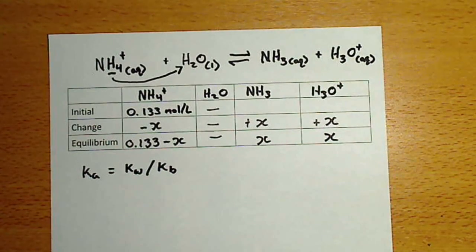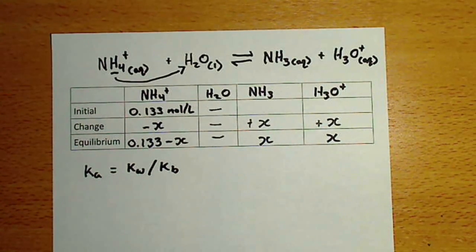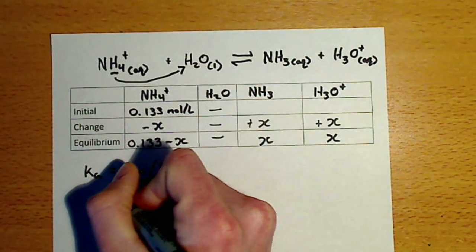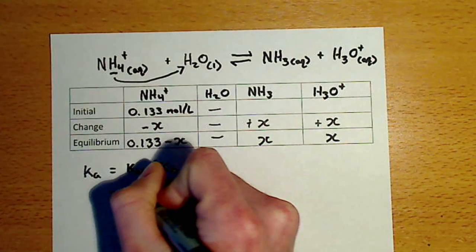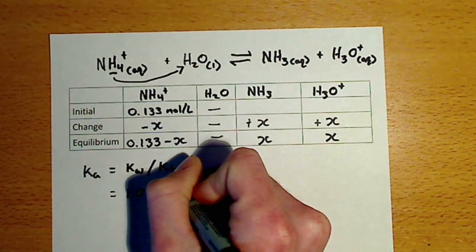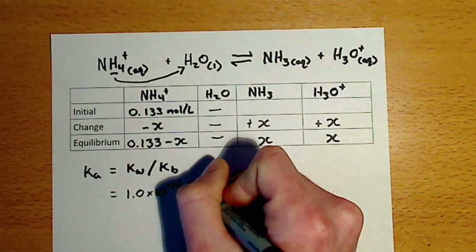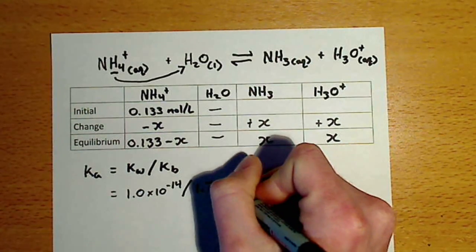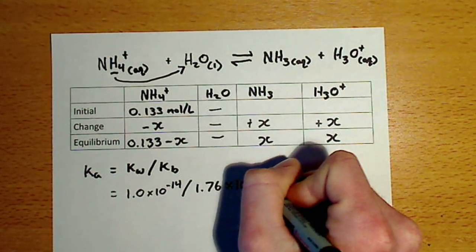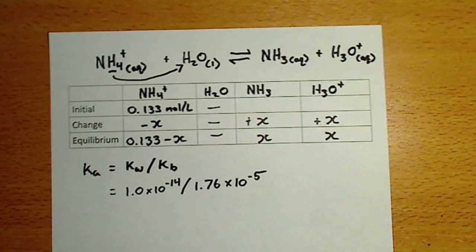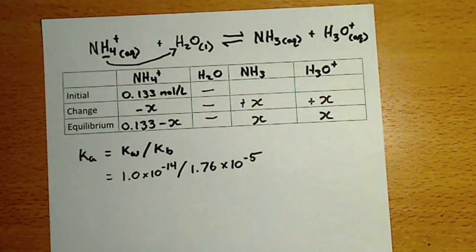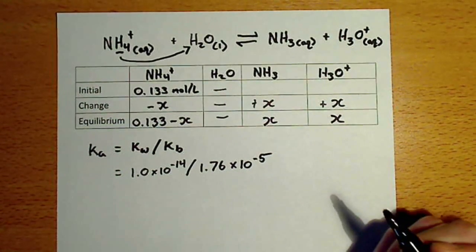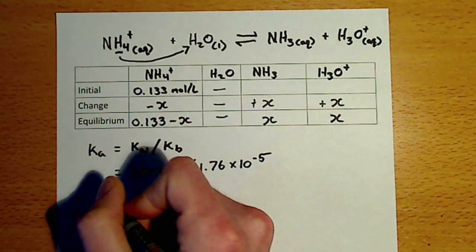We know Kw is 1.0 times 10 to the negative 14, and in the question, we've been provided with the Kb value, which is 1.76 times 10 to the negative 5. So let's fill that in. Okay, when we plug this into your calculator, you should get a value of 5.68 times 10 to the negative 10.